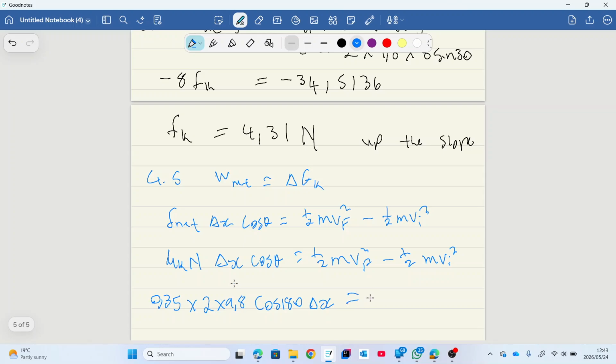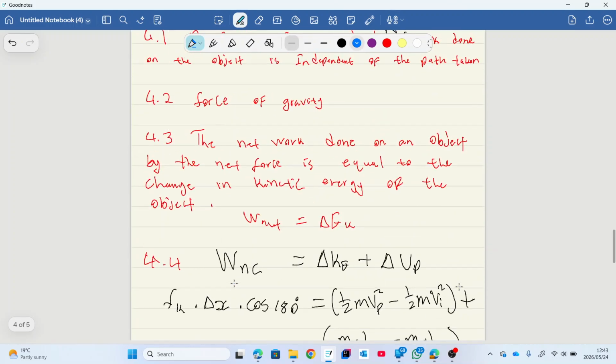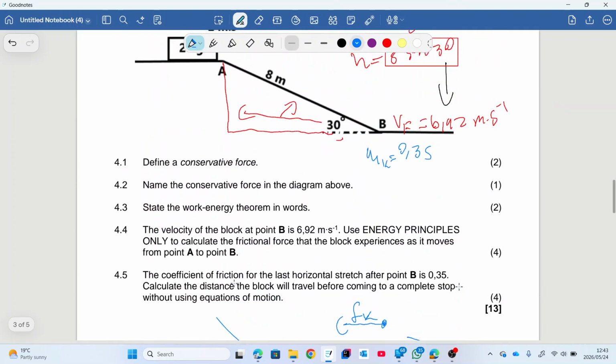Equals to, now the final velocity is 0 because it stops, right? So it's 0 minus 1 over 2 mass, which is 2, and then the initial velocity, it is the final velocity of the previous part, which is 6,92 squared. So the initial velocity in this case, when it goes flat, it is the final velocity when it came down.